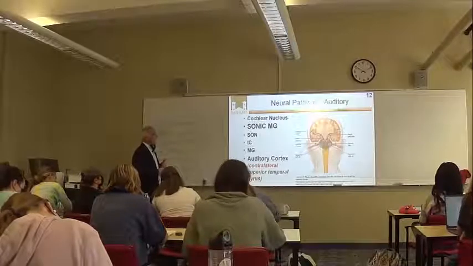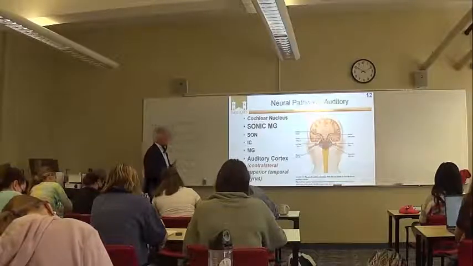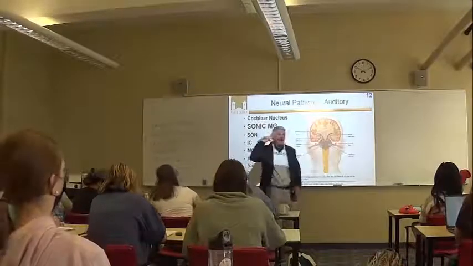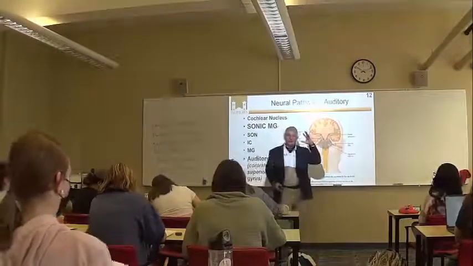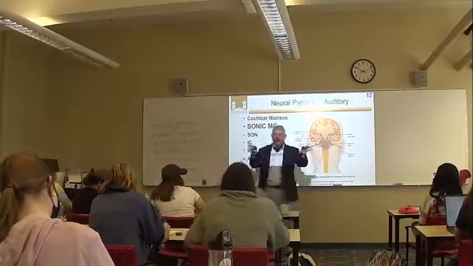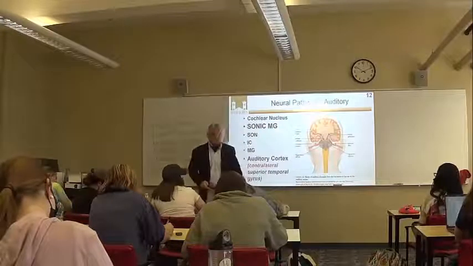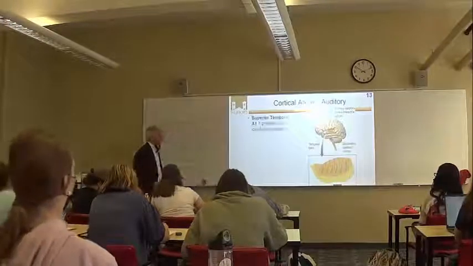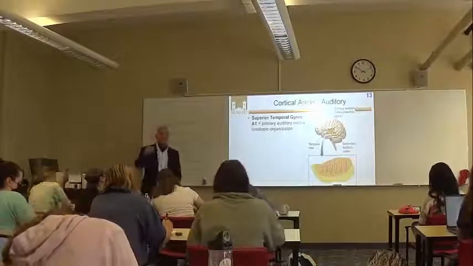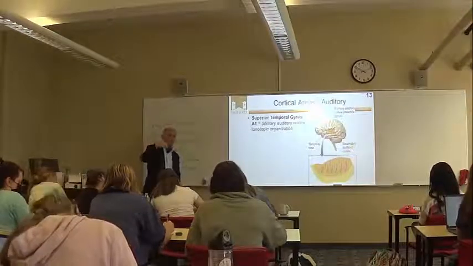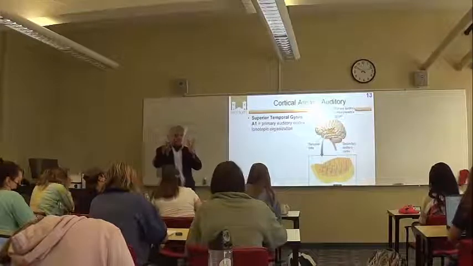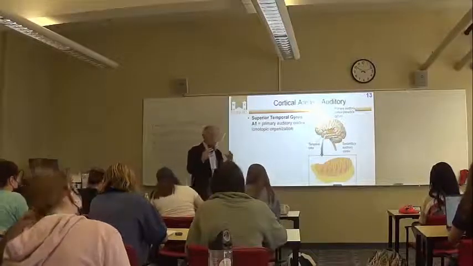All right. And in general, the signal's crossing over, and we're getting our right ear goes to our left superior temporal cortex, and our left ear goes to our right, contralateral. All right. Just like your vision is organized in columns, and it breaks it down into features of vision like angles of lines and movement, same thing with sound.